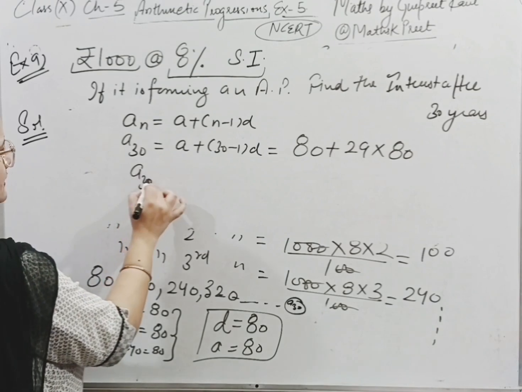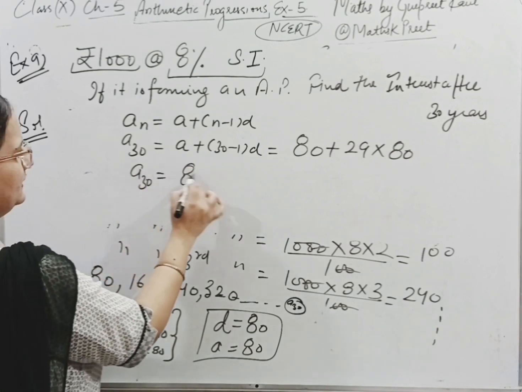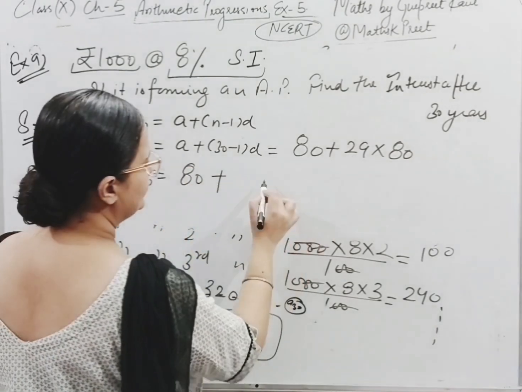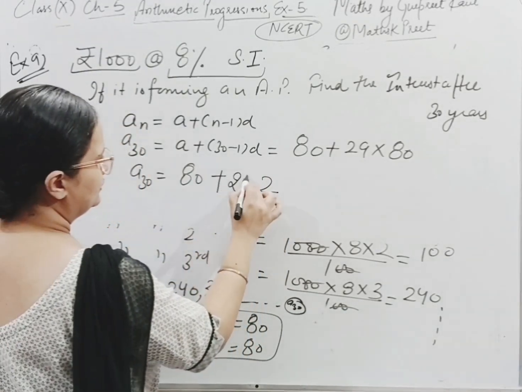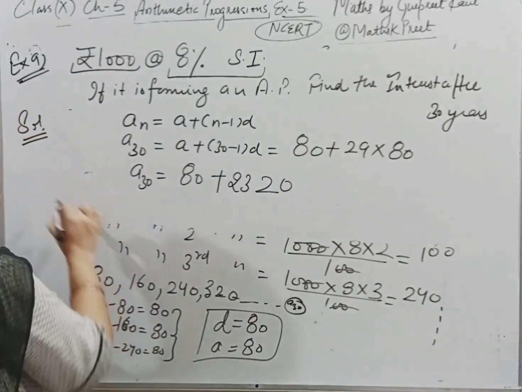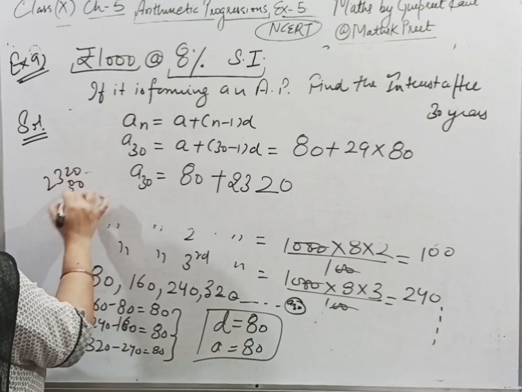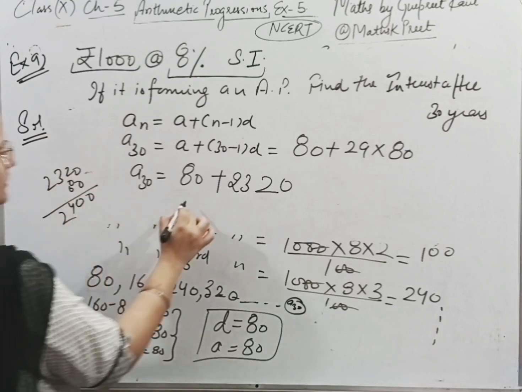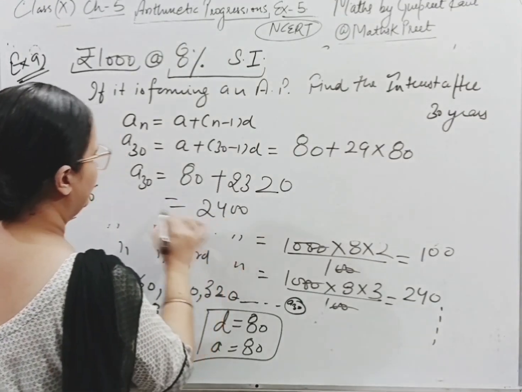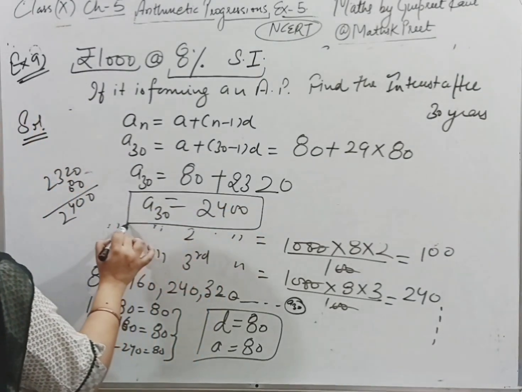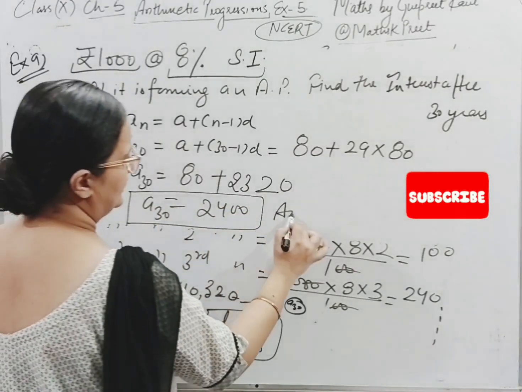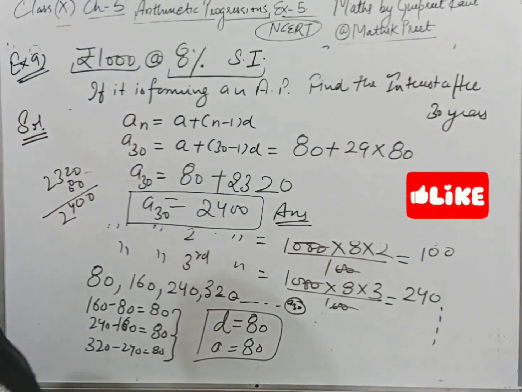So a30 is equal to 80 plus 29 8s, which is 2320, and 2320 plus 80 is 2400. So this is the interest value I'll get after 30 years. This is the answer for this question.